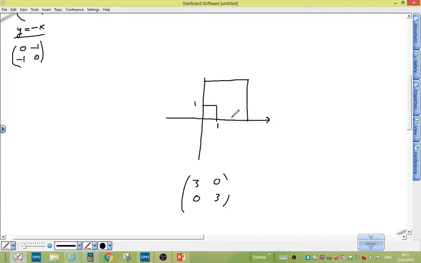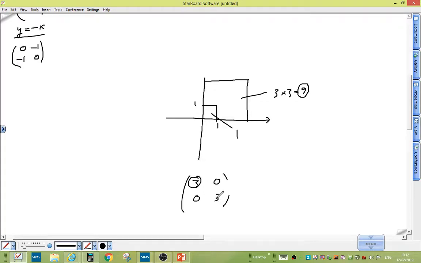Now what's the area of this box here? It is simply 3 times 3, which is 9, and the area of that box there is 1. So as you learnt at GCSE Maths, with a linear scale factor of 3, the area scale factor will grow at a rate of 3 squared, which is 9. But there's something also going on here.